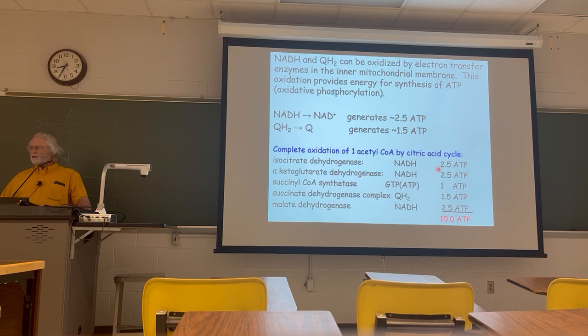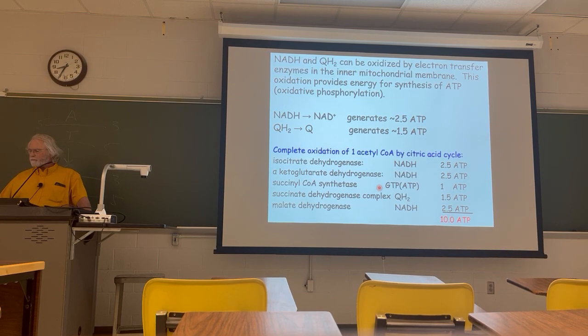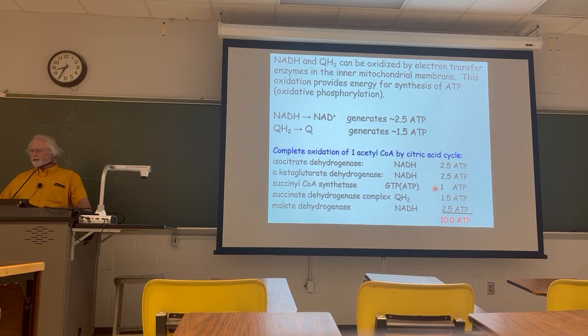So each of those then can be used, that energy is used to make 2.5 ATPs. The succinyl-CoA synthetase step makes a GTP molecule directly, which can be converted in cells to an ATP. So 1 ATP from that step.